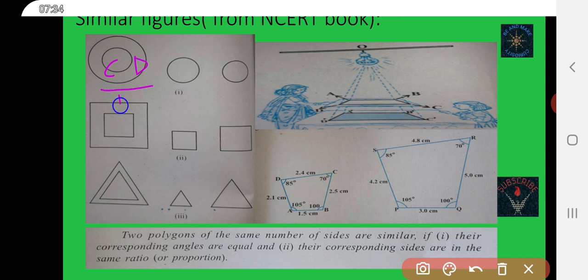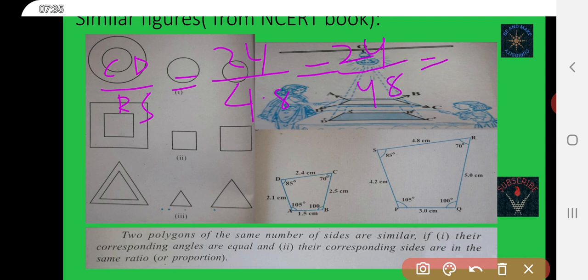Now you find the ratio of CD and RS. CD by RS is equal to CD 2.4 and SR 4.8, that is equal to 24 by 48, that is equal to 1 by 2, that is 1:2.